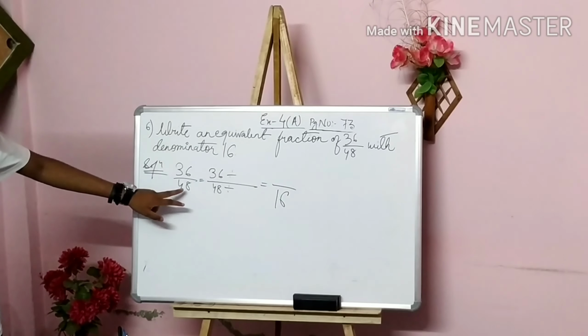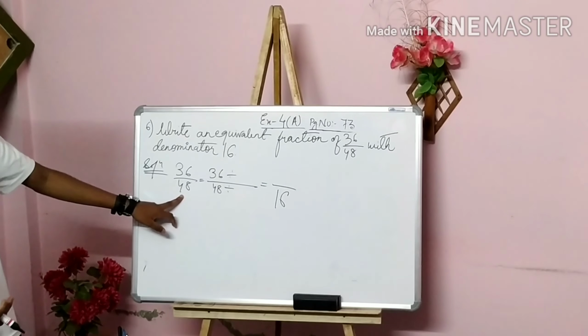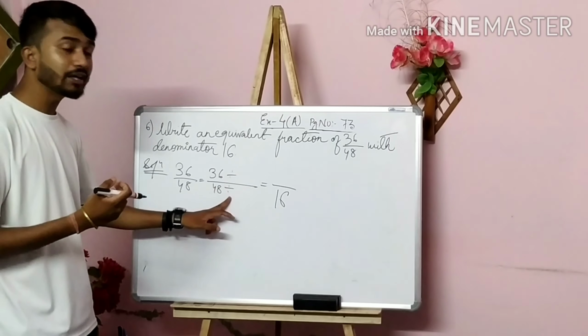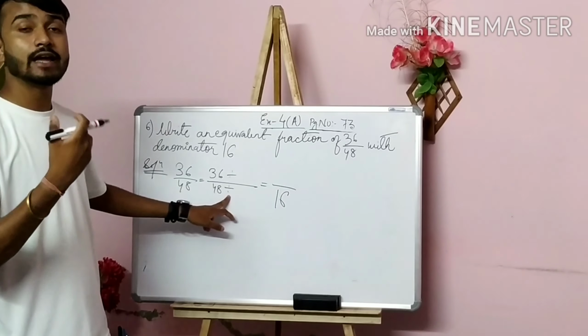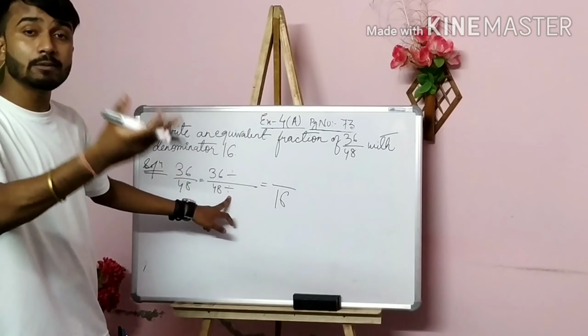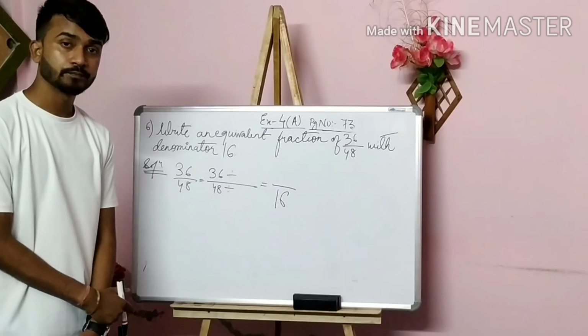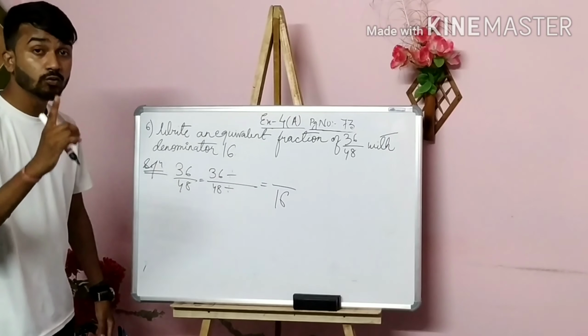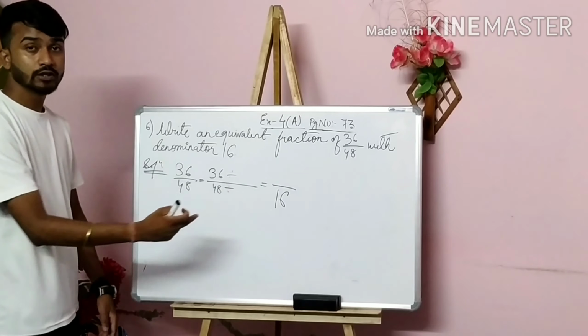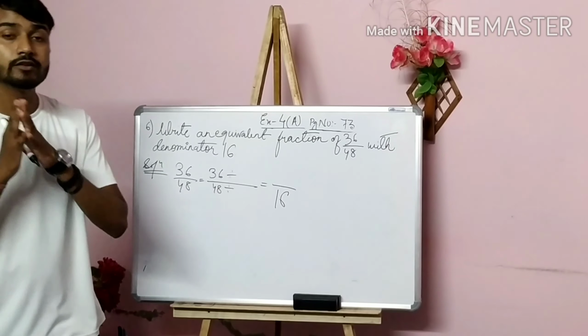So you see, if I write a multiplication sign with 48 and multiply it with any number, we will get a greater value. But do I want the greater value? No. I want the lesser value. Because of that I have written a division sign here.